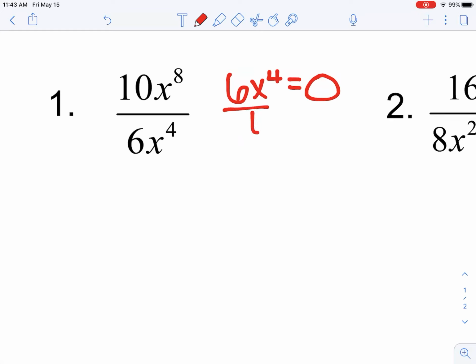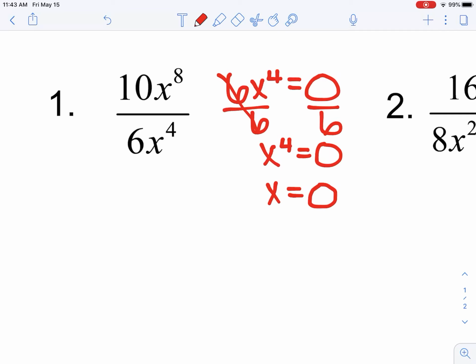Okay, so now we're just solving for x. So I'm going to divide by 6 on both sides. So that gives us x to the 4th equals 0. So now we're asking ourselves, what to the 4th power would equal 0? And that answer is 0. You can also type in the 4th root.